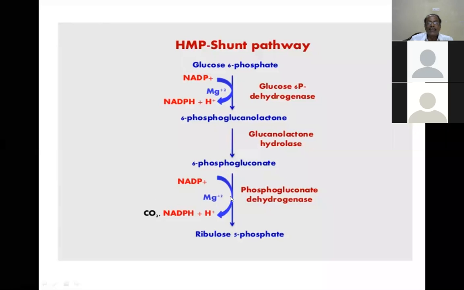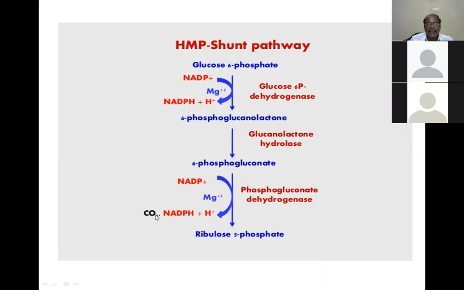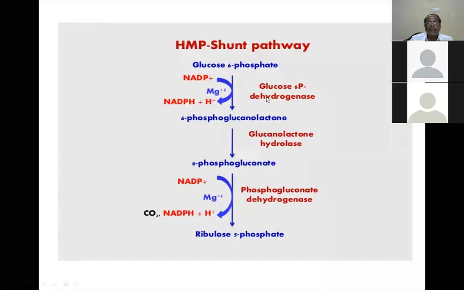But this is a speciality of the HMP shunt pathway. Carbon dioxide is liberated in the cytosol, nowhere else. There are two enzymes here. This is also called the oxidative phase of the HMP shunt.